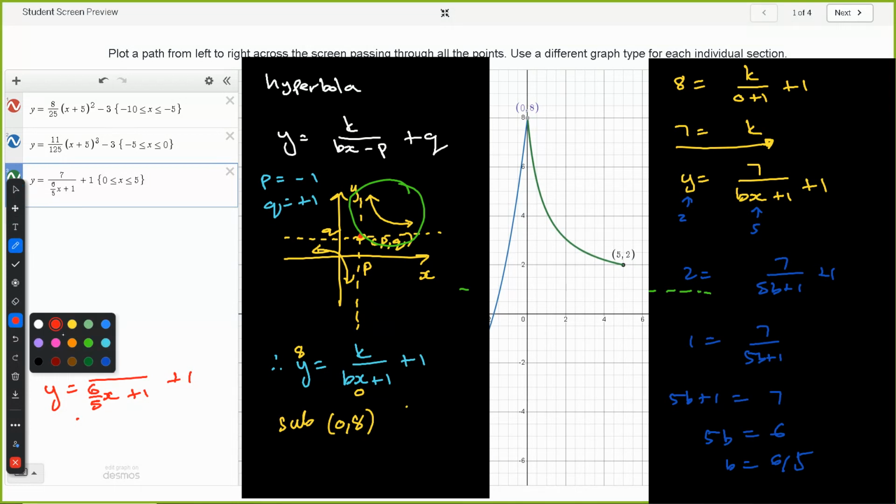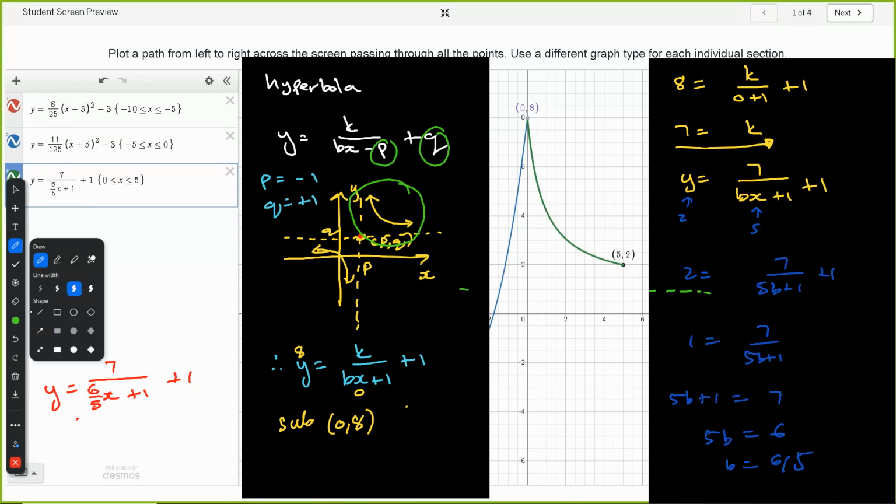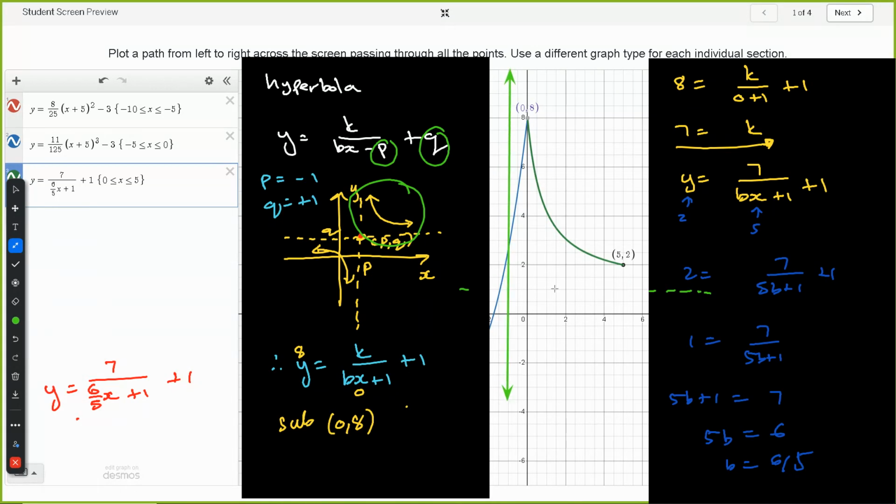Okay, so let's go through the process of how we did this. The first thing is we located the p and q value, and we did that by creating hypothetical spaces, one from the left of the y and one down from this point, so that it resembles what the hyperbola should be. I use the equation k over bx minus p plus q, and I substitute the point of intersection of these two, remember that?